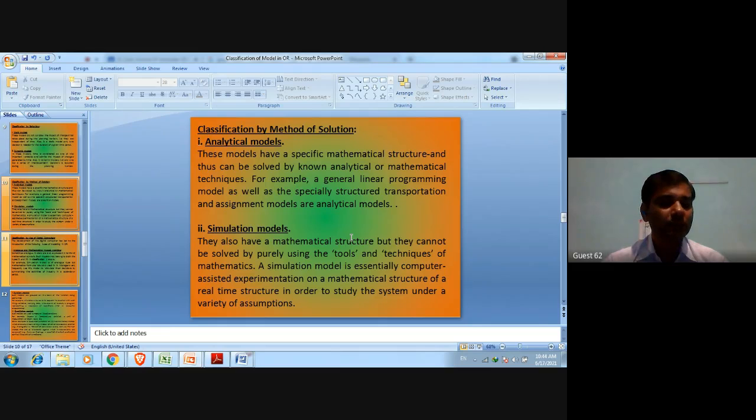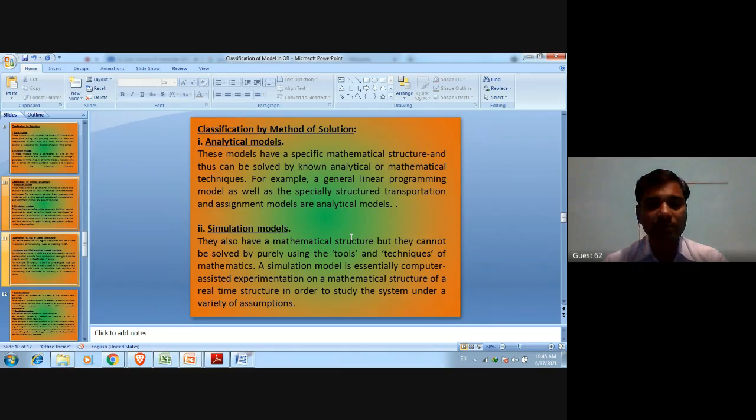Suppose, let us take an example from chemistry. When you are assuming an ideal gas, there are some assumptions: temperature should be equal to this, pressure should be equal to this, and volume should be equal to this. So these are some assumptions for ideality.